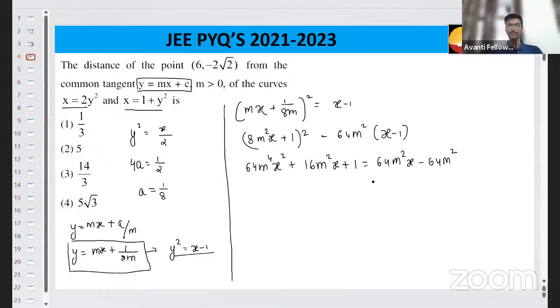If we bring everything to the left hand side, I'll get 64 m raised to 4 x square, and 16 minus 64, 48 I guess, so minus 48 m square x, plus 1 plus 64 m square equals 0.